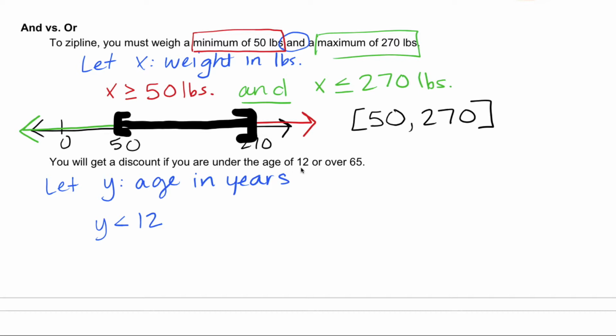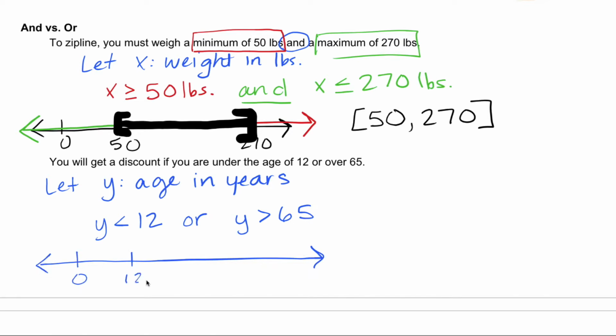If you are under the age of 12. If you're 12, you're not under the age of 12. So we have to be strictly less than 12, or if you are greater than 65 years old. So what ages can you get a discount if, how old could you be? You could be 11, you could be 10, 9. Can you get a discount if you're 50? No. So what that looks like mathematically on a number line, here's 0, we'll just put 12 right there, and 65, about there.